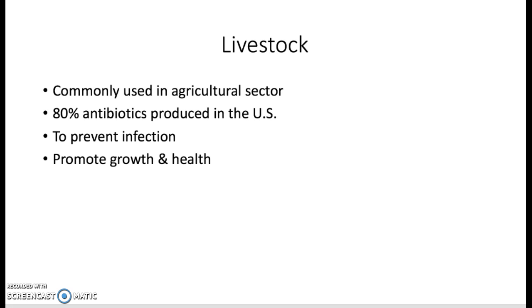Another sector that is known for its active use of antibiotics is the agricultural sector. I don't know if everyone knows this, but 80% of antibiotics produced in the US are used on livestock. The antibiotics are used to prevent infection and promote growth and health of the livestock.